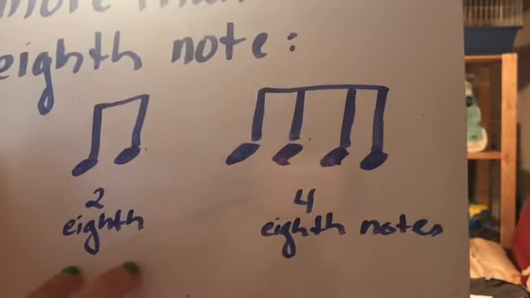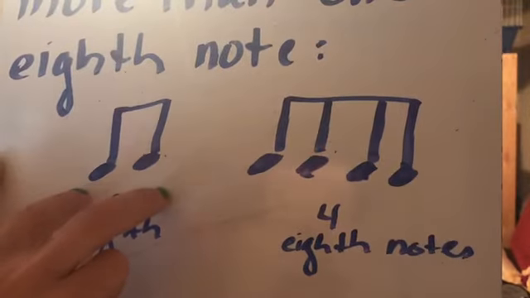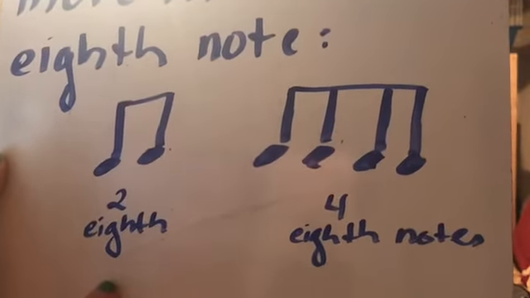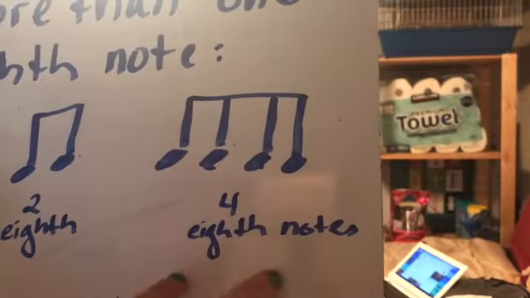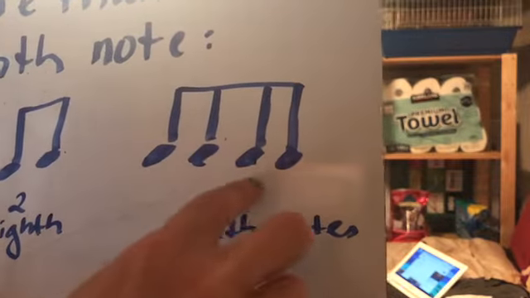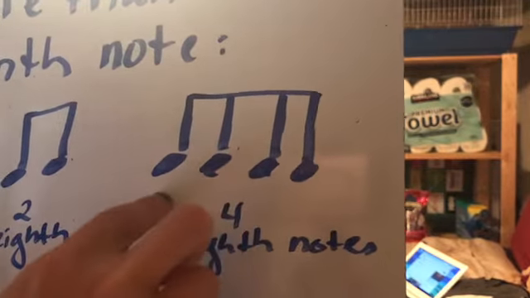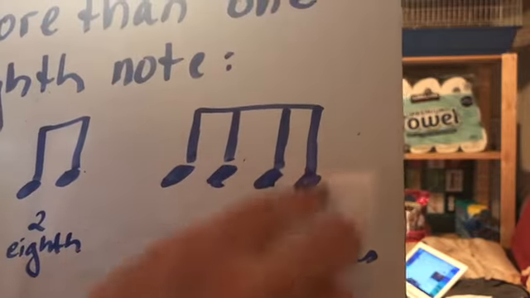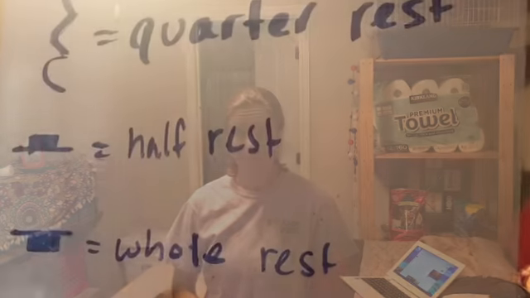The 2 8th notes, because we have 2 halves, is worth 1 beat, and with the group of 4 8th notes, since they're each worth half, is worth 2 beats. Depending on how the music is written, you can also find 8th notes grouped into 3s as well.